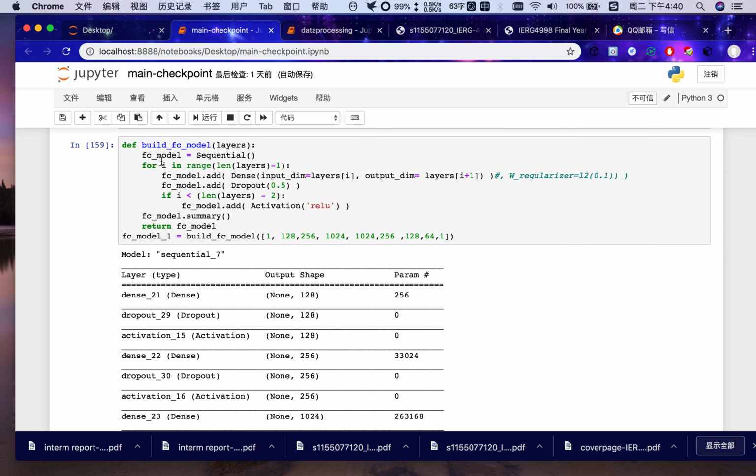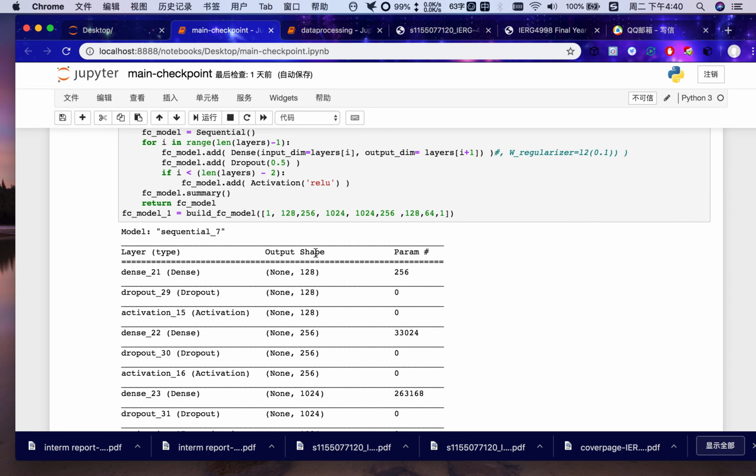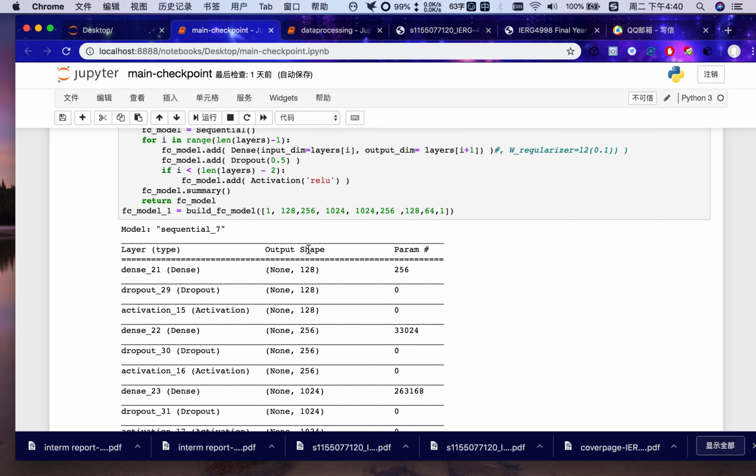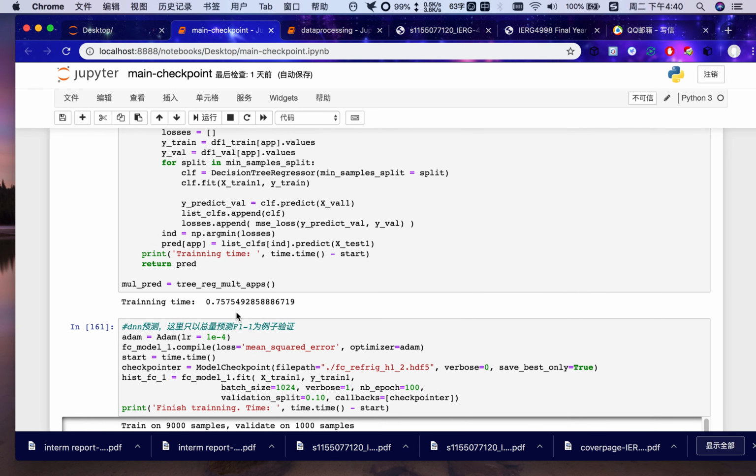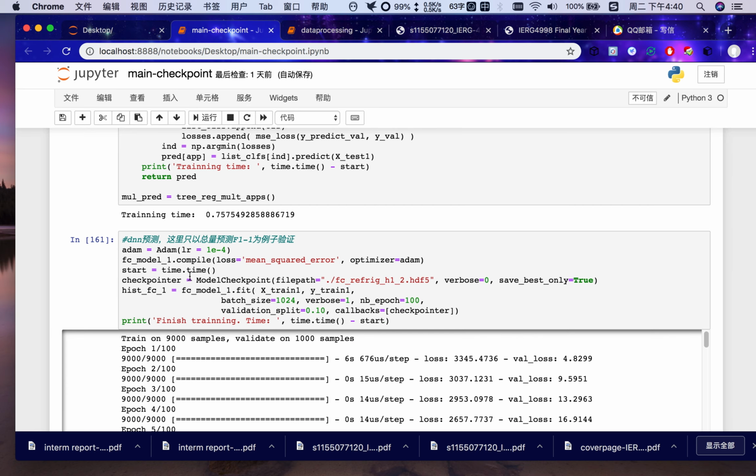So this is the whole process of the DNN. First we input the data, and the input is the same as the regression tree, but the output corresponds to the total power, which is the power of each part. The next part is to build the model, and the model is also printed out.